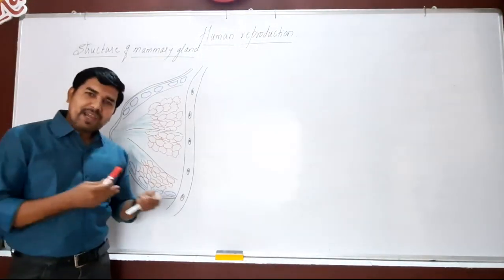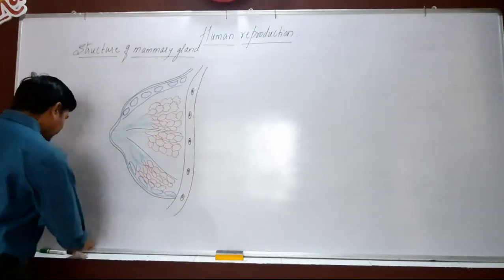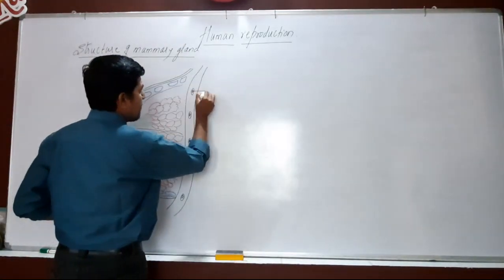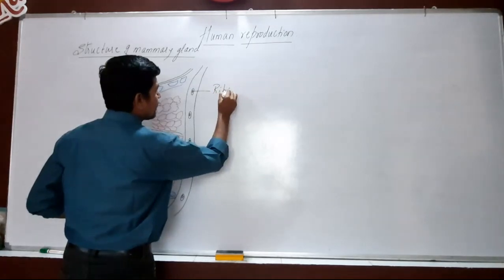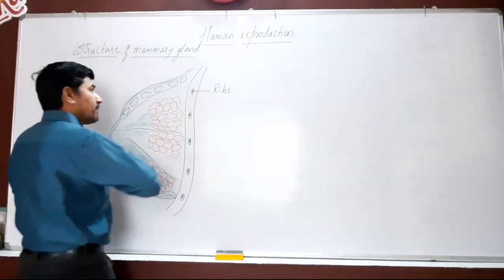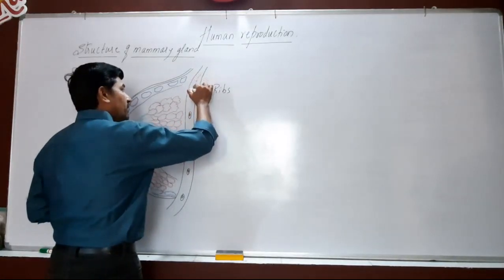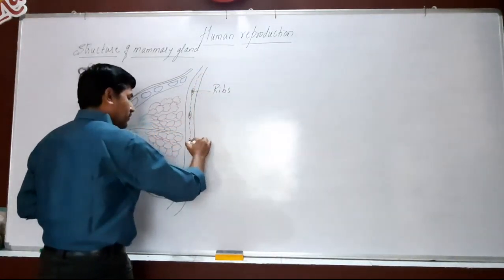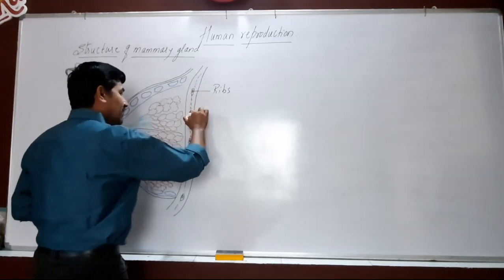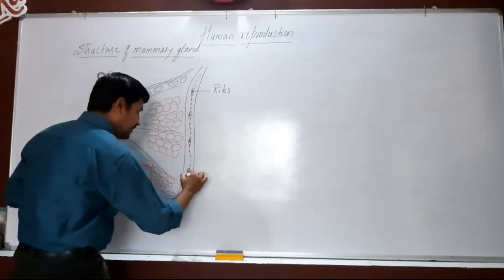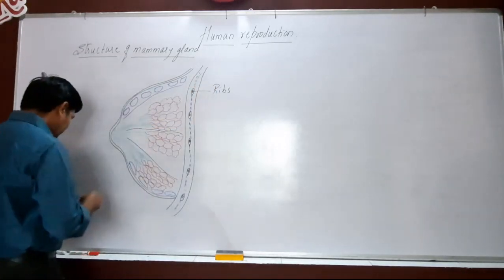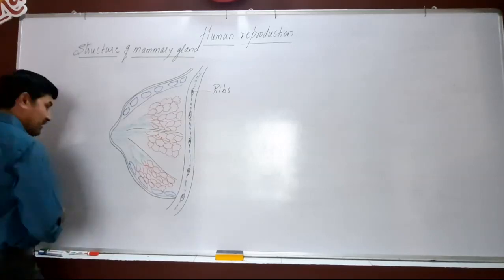Now if we look at their labelings, this is the ribs, and in between the ribs we have certain muscles also. So muscles are located in between the ribs, as the mammary glands are attached to the thoracic region.